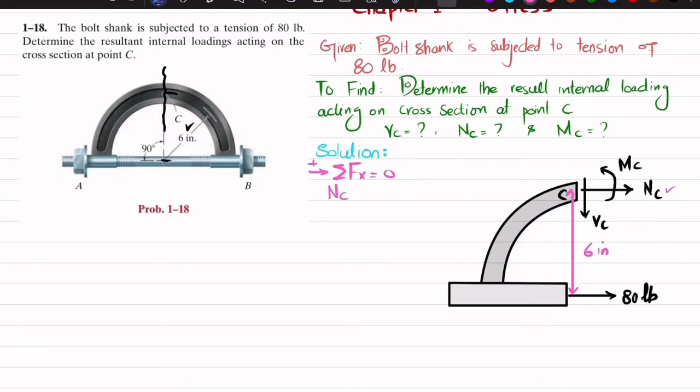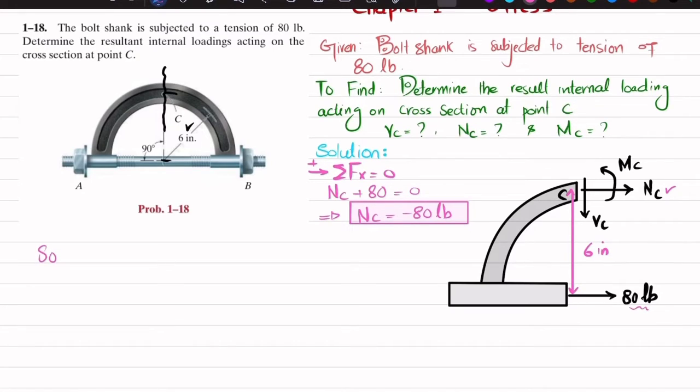So NC, and the second force, that is 80 pounds, in positive direction. Their sum must be equal to 0. So from here you will get NC is equal to minus 80 pound. So our answer is negative. It means that we have assumed this direction of NC is toward right hand side, which is negative.